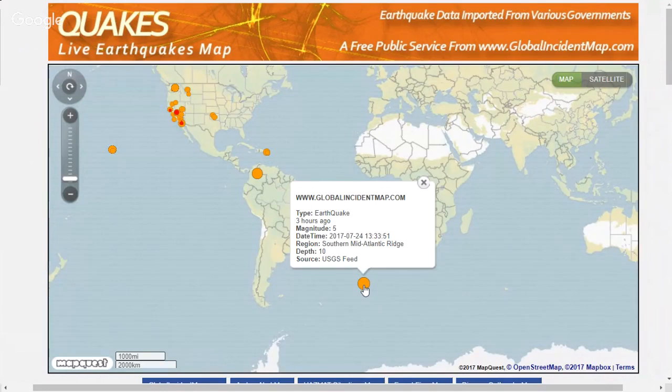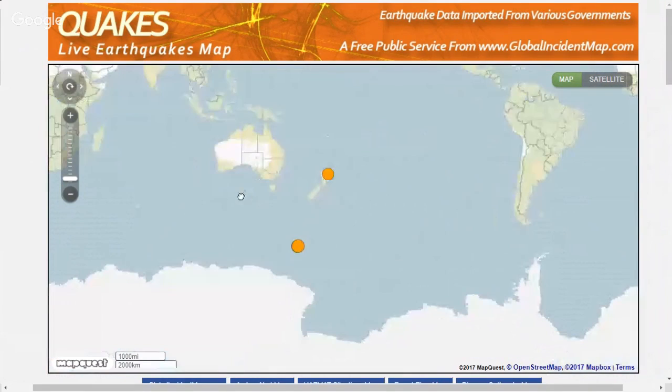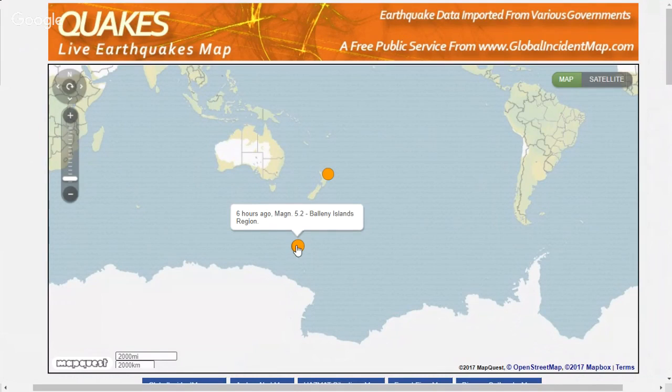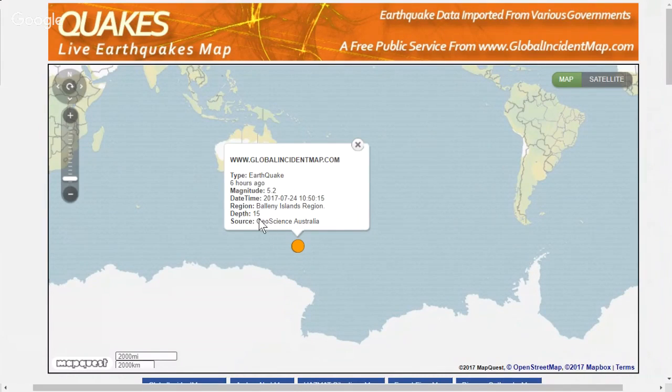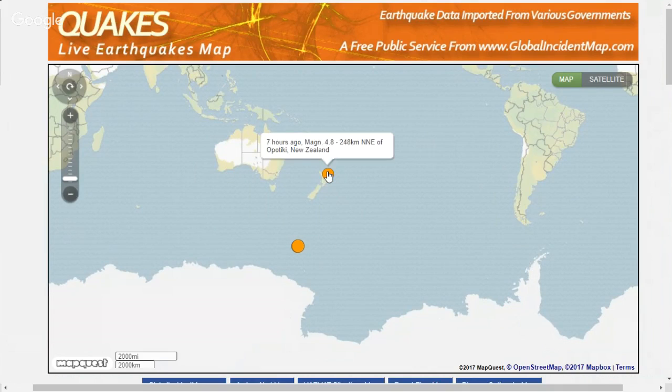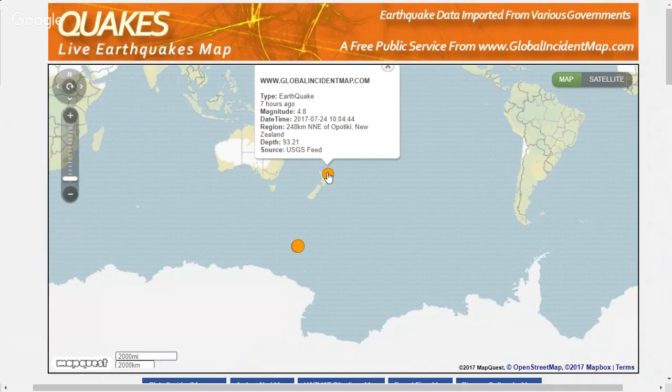Magnitude 5, depth 10 kilometers, Southern Mid-Atlantic Ridge. These aren't all the earthquakes either, folks. There's plenty more in the European region. Magnitude 5.2, only 15 kilometers. That's 4.8 in New Zealand, and a magnitude 4.8, 93 kilometers.